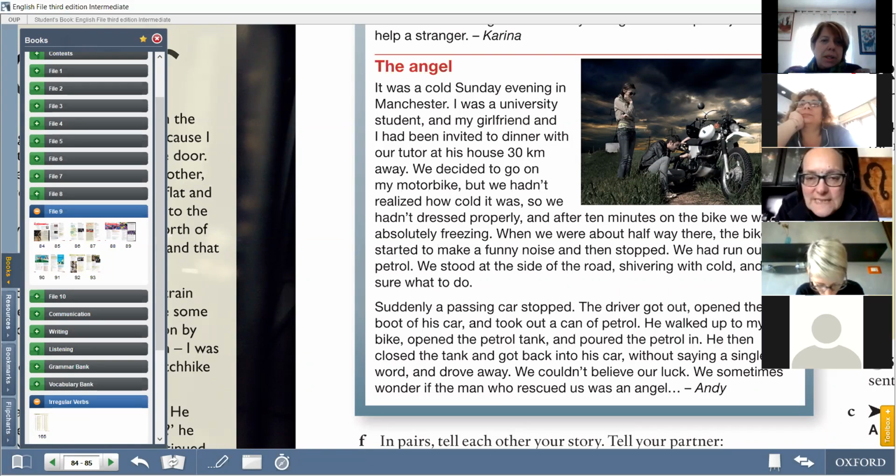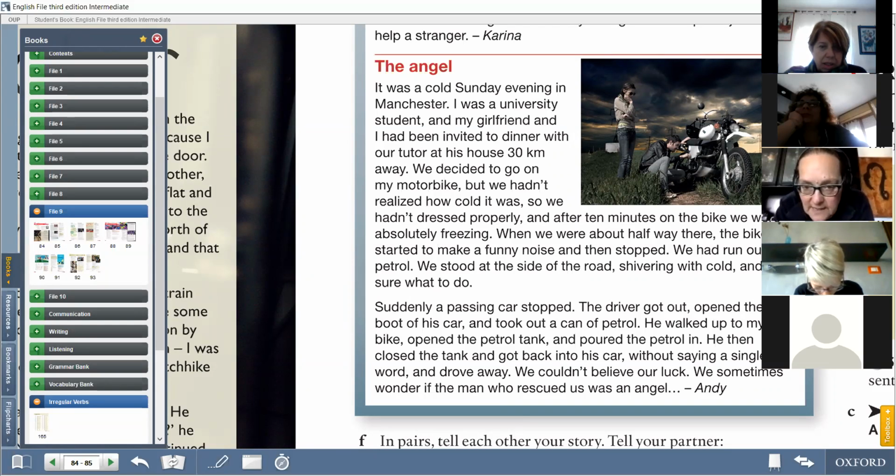We decided to go on my motorbike, but we hadn't realized how cold it was, so we hadn't dressed properly, and after 10 minutes on the bike, we were absolutely freezing. When we were about halfway there, the bike started to make a funny noise and then stopped. We had run out of petrol. We stood at the side of the road, shivering with cold and not sure what to do.